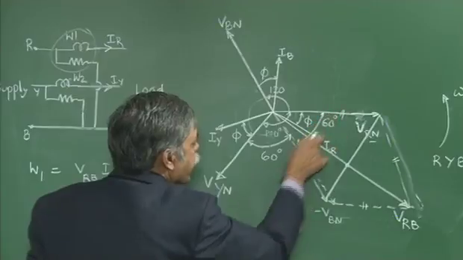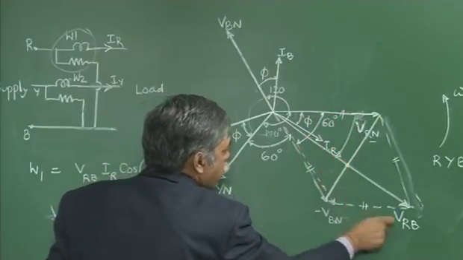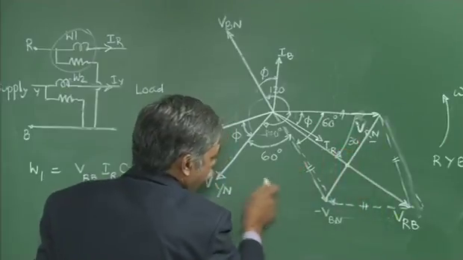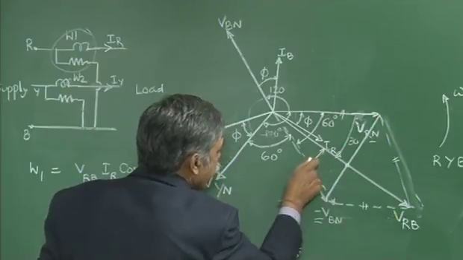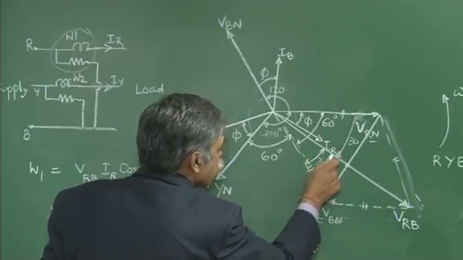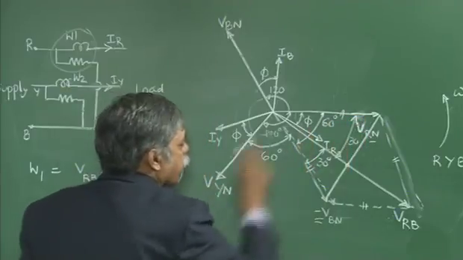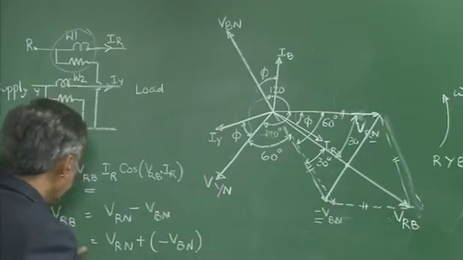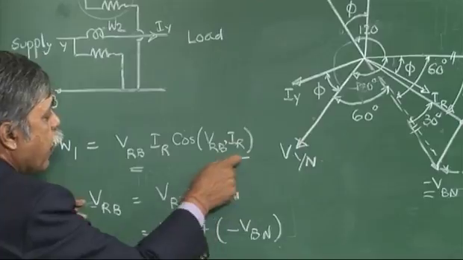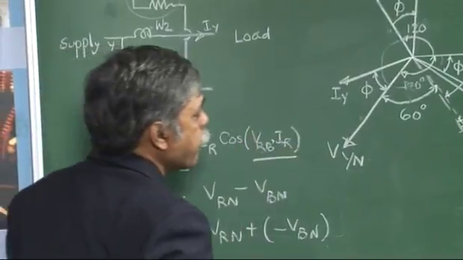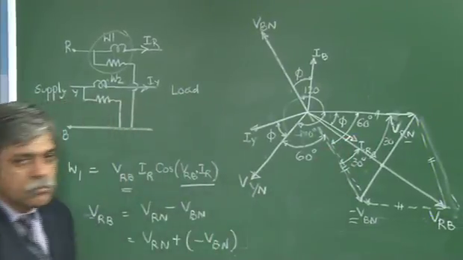So the 60 gets bisected, therefore the angle between VRN and VRB is 30 degrees and the angle between minus VBN and VRB is also 30. That means the 60 degrees gets bisected into 30 and 30. In finding the wattmeter reading W1, what I want is the angle between VRB and IR, that is this smaller angle.